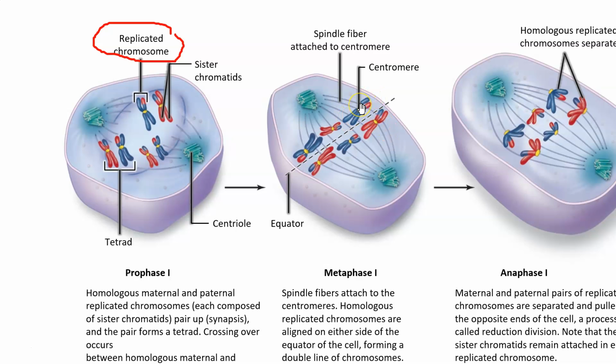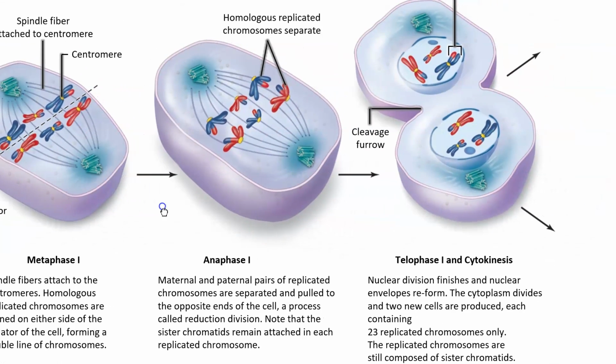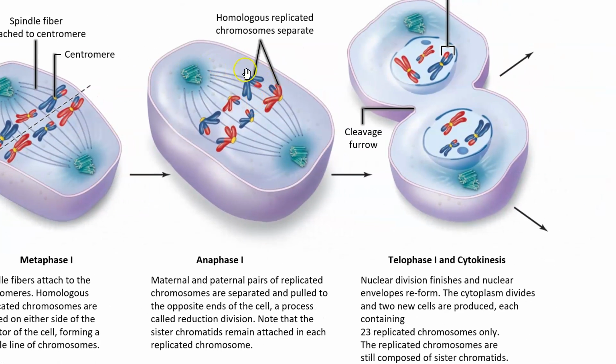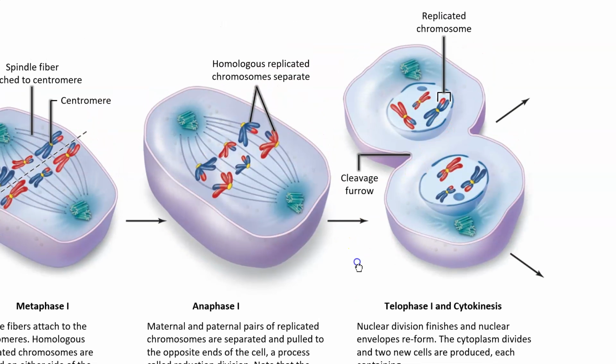But the homologous pairs line up on one side, the homologous pairs over here line up on the other side, swapped over homologous pairs. They line up like that, and then they go in their separate directions in anaphase. So at the end of telophase and cytokinesis, you get the replicated crossed over chromosomes in one cell. All of these ended up in that cell, and all of those ended up in this cell.